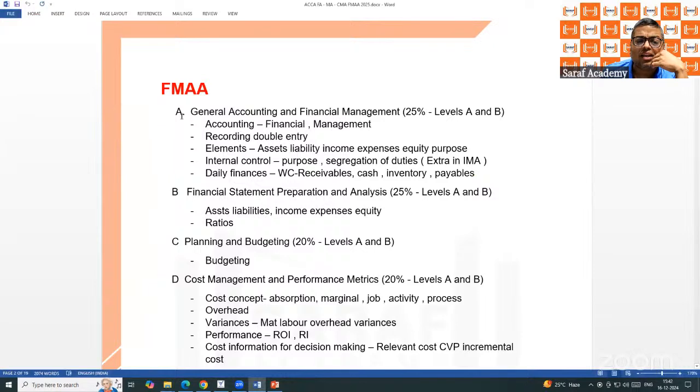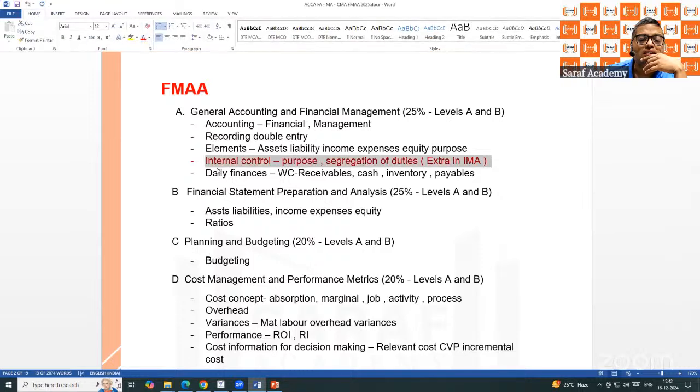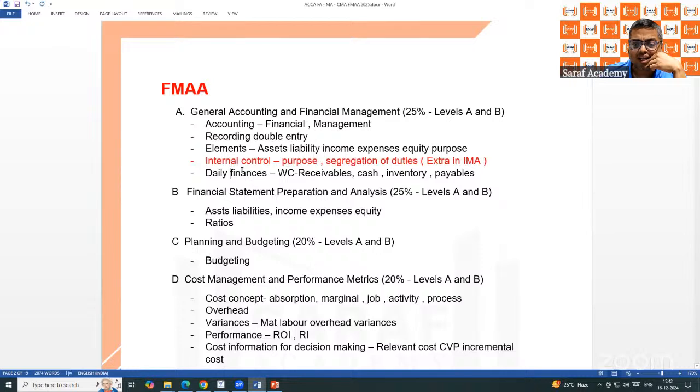I have prepared here, for A part, the accounting part, basically what is the purpose of accounting, the basic concepts of accounting, double entry concepts, then elements of financial statements: assets, liabilities, income, expenses, internal control. This I have written is only for FMAA students.